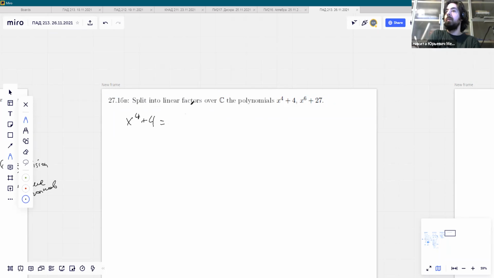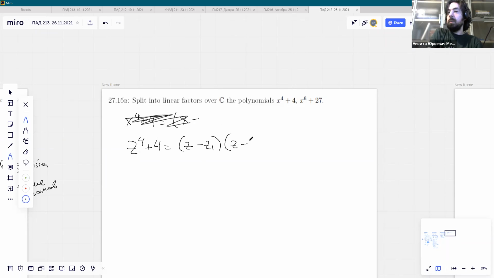What does it mean? Factors, I remind you, means множители. Разложить на линейные множители. What does it mean? It means to represent it in the following way. Well, let me maybe write z to the 4th power plus 4, because for complex numbers, it is customary to use the letter z.